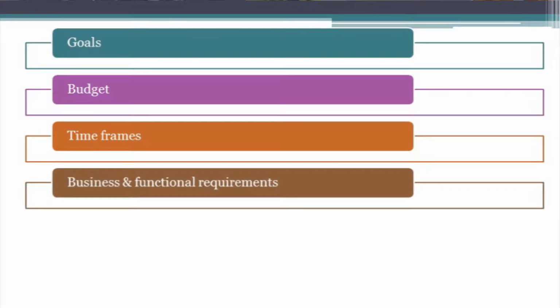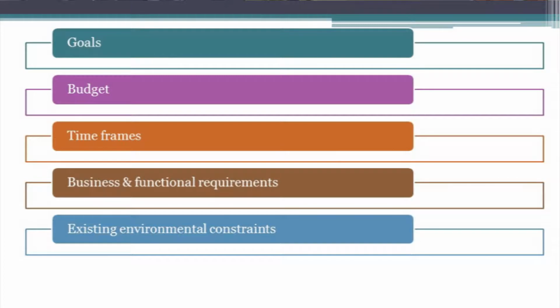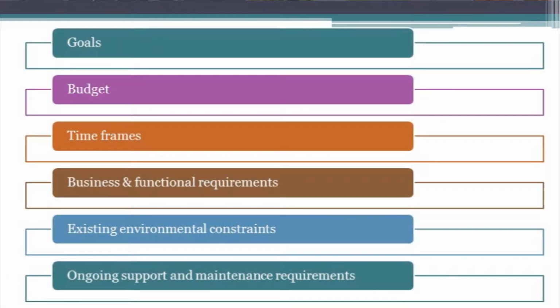It's important to create the business and functional requirements, and important to talk about what kind of constraints you might have in your organization. It could be a physical constraint, it could be an environmental constraint, or it could be just a resource constraint. But it's important to identify what your constraints are in your organization. Most importantly, what kind of maintenance is required by your vendors.